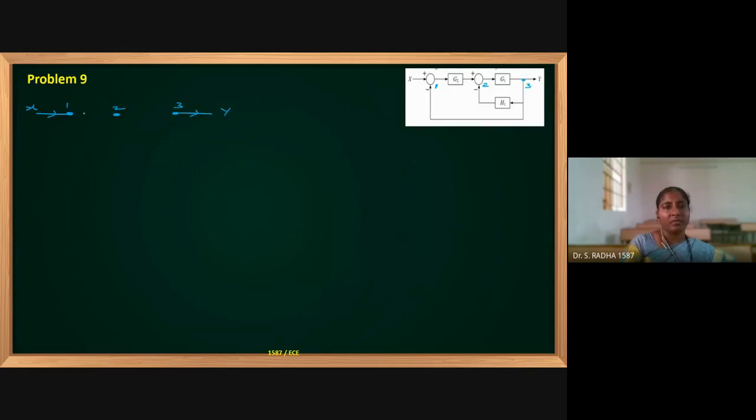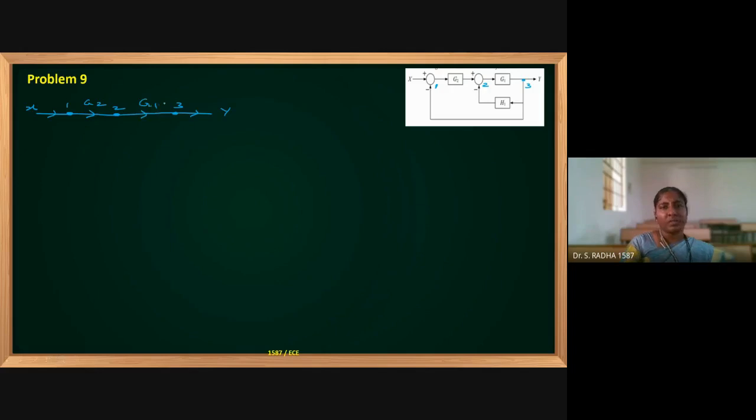Between 1 and 2, straight path, G2 is the gain. Between 2 and 3 it is a straight path, and in the path we are having G1 as the gain.